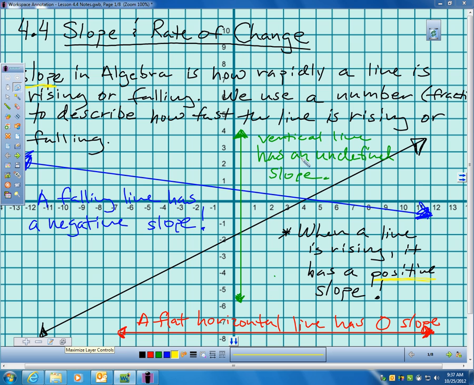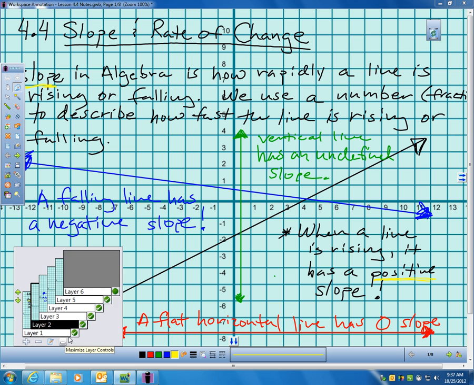A vertical line has an undefined slope. Undefined means there isn't a number that can represent it. When we have a vertical line straight up and down, we cannot assign a number to represent this line. If that's the case, we know it's vertical. It's undefined slope.